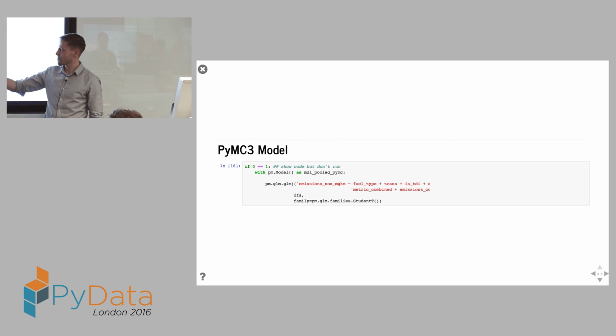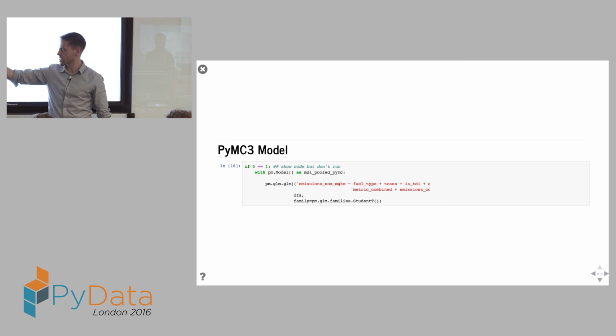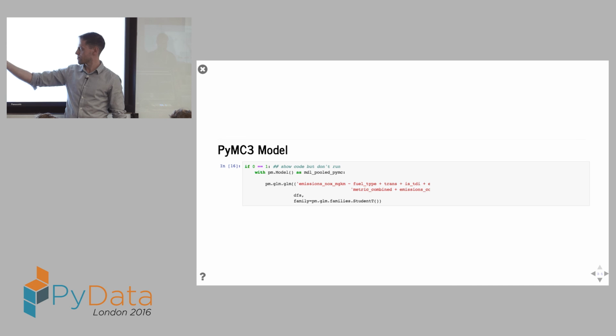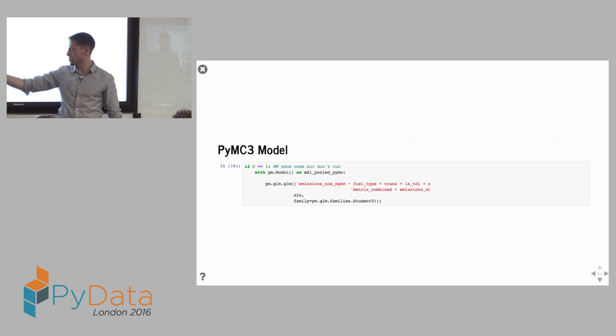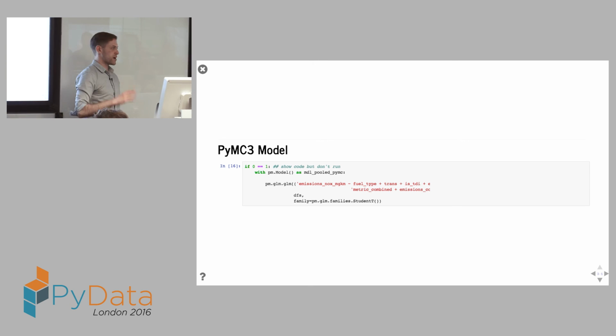It lets us say, with my model as an object in this context, make something from here. Here's my data set, and this is the likelihood function that I think it will be, and you go off and PyMC3 and do the rest.